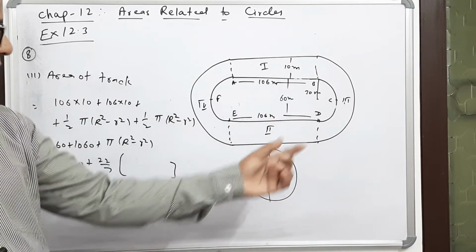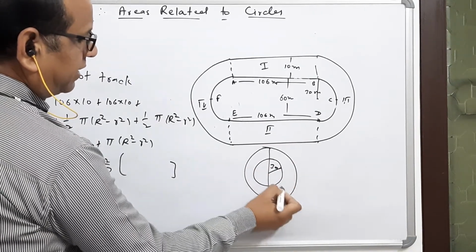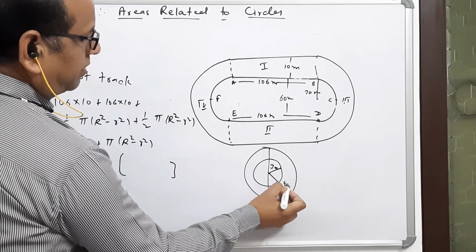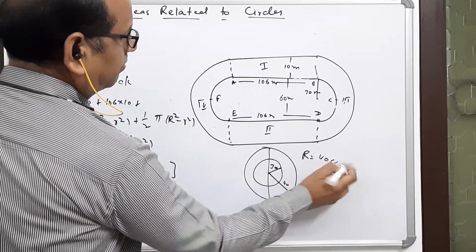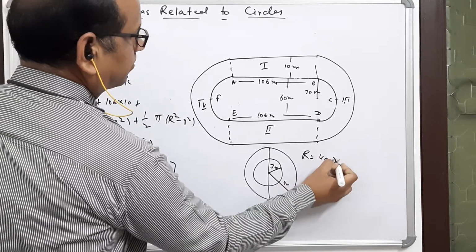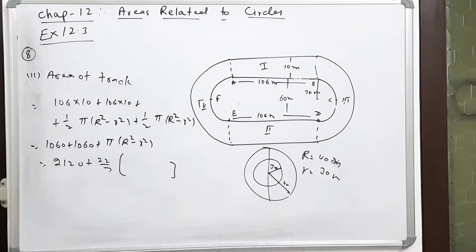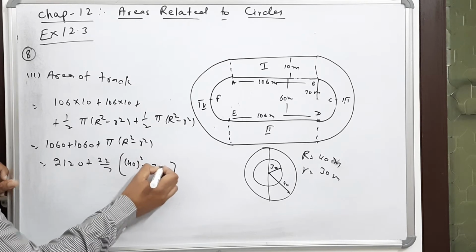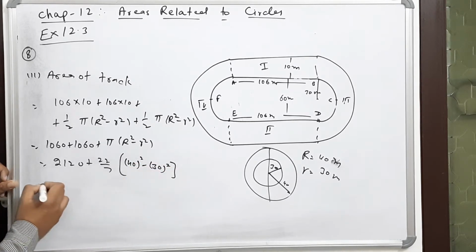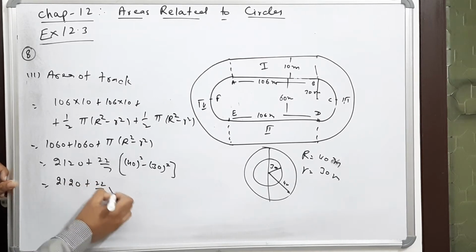This radius is 30 and this width is 10, so this will be 40. So capital R is 40 meter and small r is 30 meter. So by using 40 meter and 30 meter, 40 square and 30 square. So it is 2120 plus 22 upon 7.